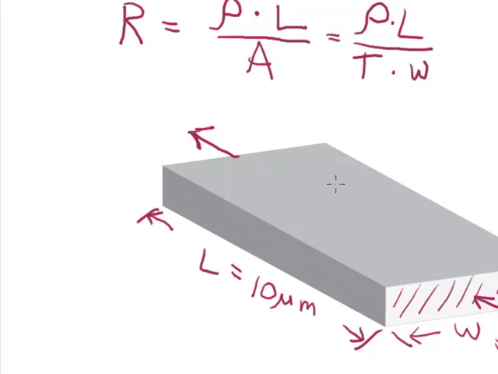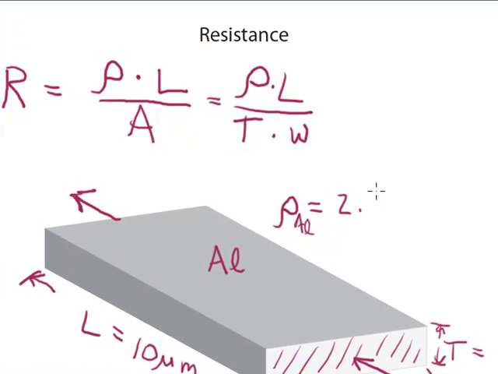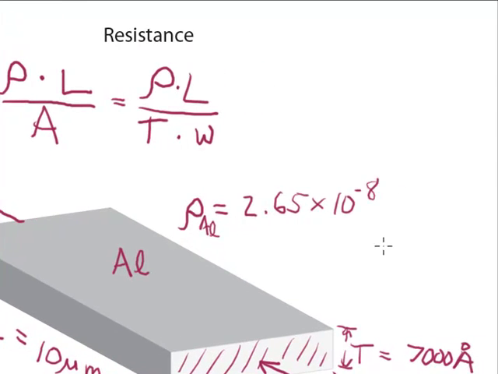Let's also assume this is made out of aluminum, and I can look up on a website and determine that the bulk resistivity of aluminum is 2.65 times 10 to the minus 8 ohm meters.